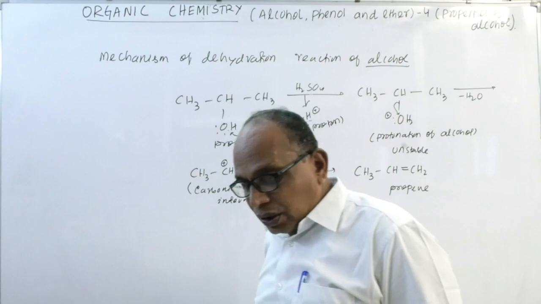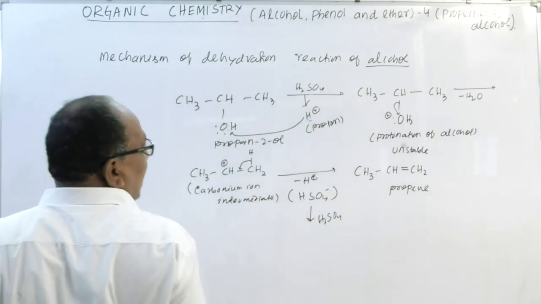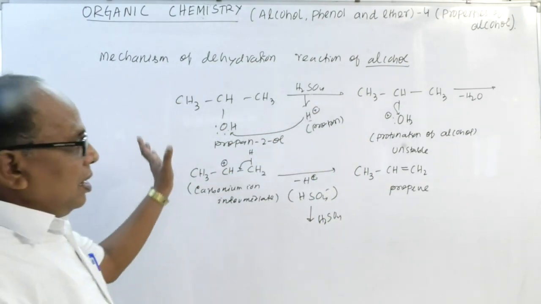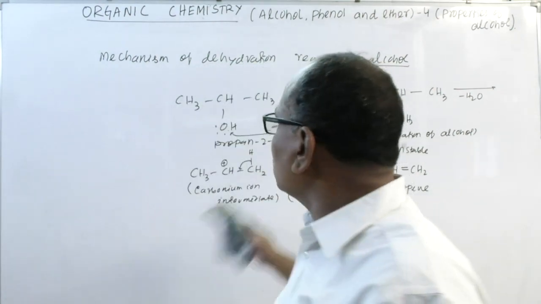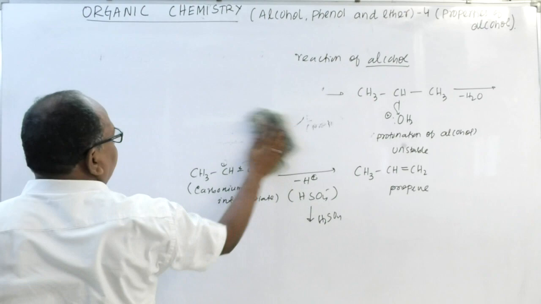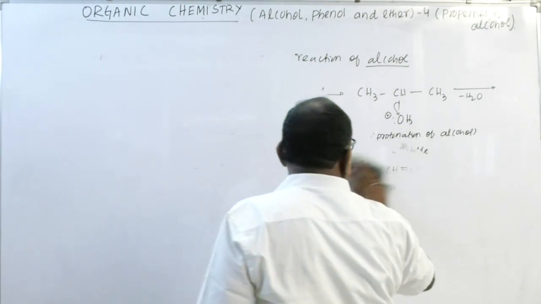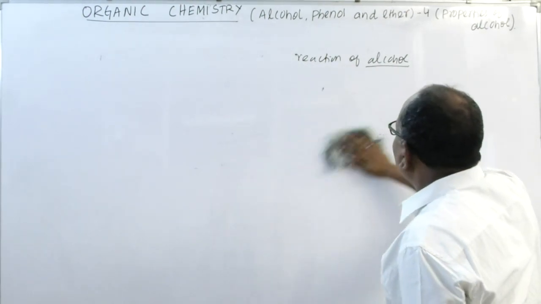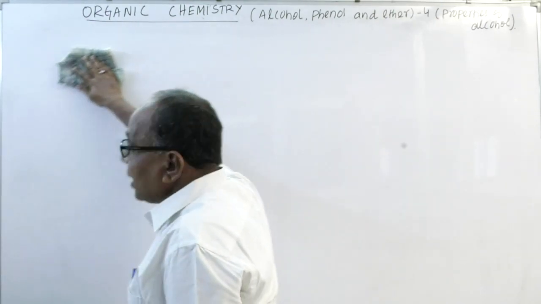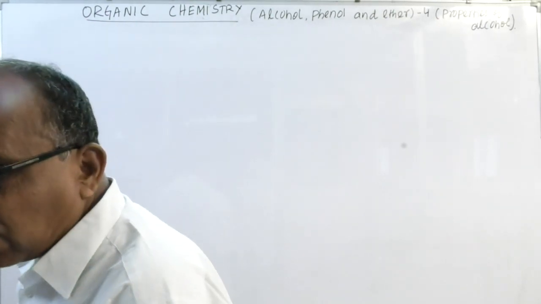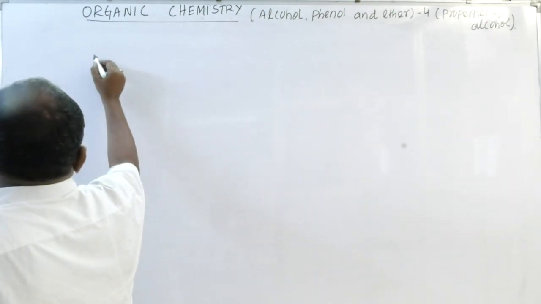Okay, students? So this is the mechanism of dehydration of alcohols. Now, how do alcohols react with sulfuric acid? That is the reaction of alcohols with sulfuric acid.